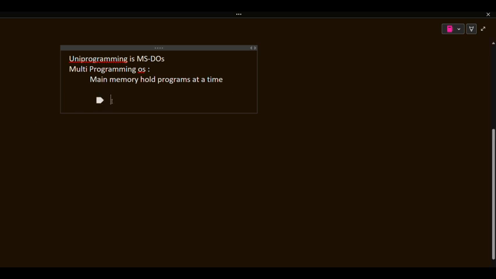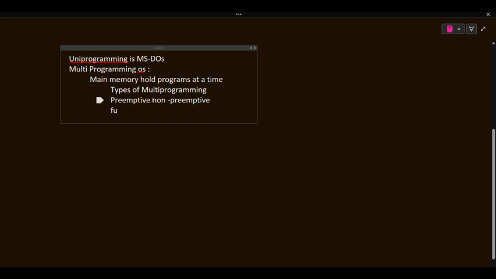And this multi-programming is divided into two types. First one is preemptive, the other one is non-preemptive.